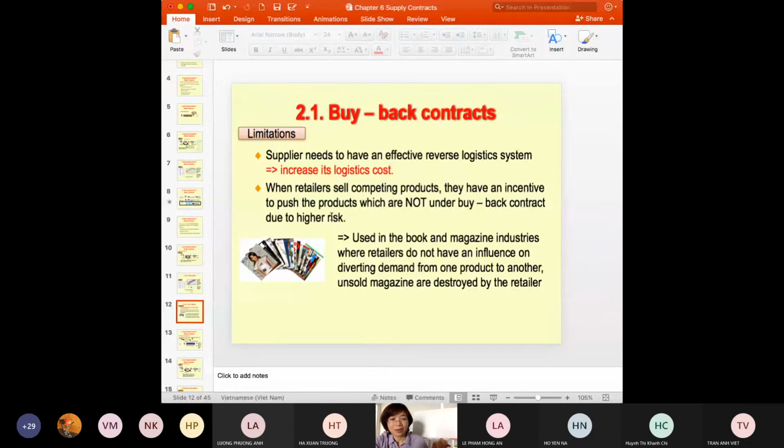Samsung can buy back their products, but Apple doesn't have a buyback contract, so the retailer tries to sell more Apple products rather than Samsung, because Samsung guarantees they can buy back the product from the retailer. So that is the high risk.